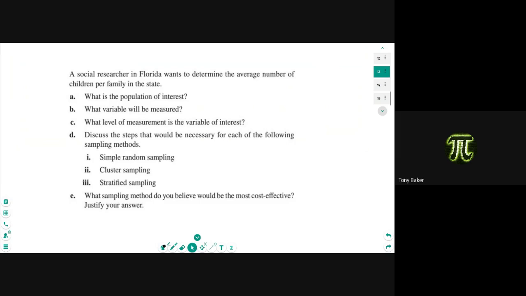How would I do a clustered sampling of the entire state of Florida? Probably the easiest one would be zip codes. Now, are all the zip codes in Florida, or in any state, equally distributed based on the population?